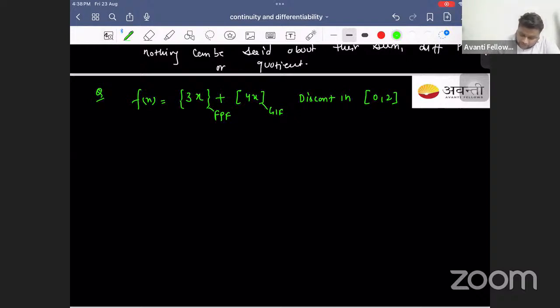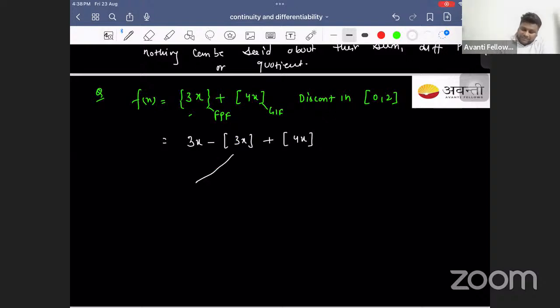Fractional part function or greatest integer function are discontinuous at every integer. This function can be written as 3x minus greatest integer of 3x, plus greatest integer of 4x.